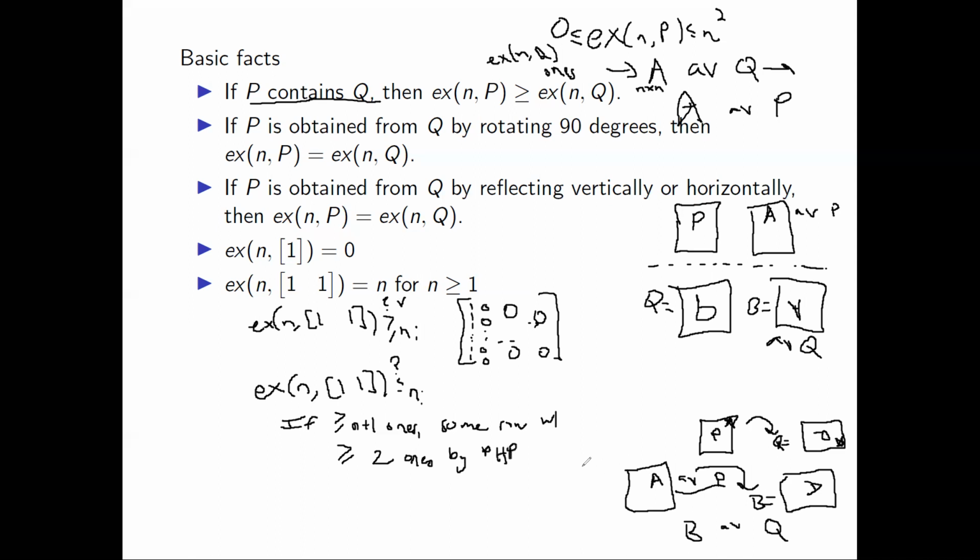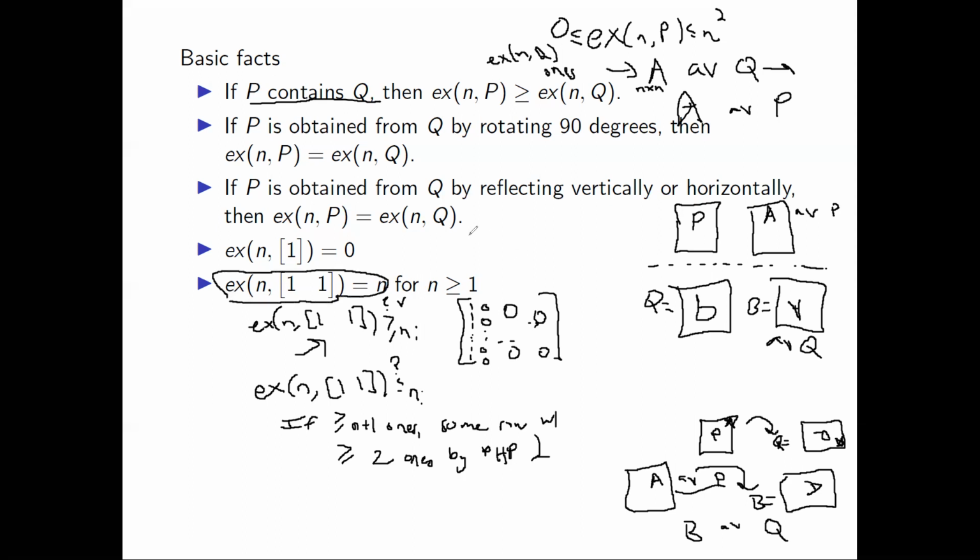And if we had at least n plus 1 ones, we would have to have some row with multiple ones. If you have a row with multiple ones, then you would contain this pattern. So having a row with multiple ones means that you contain the 1 by 2 matrix of all ones. So that would be a contradiction. So that means that the extremal function is at most n and it's at least n. So it has to equal n, since it's both at most and at least n.